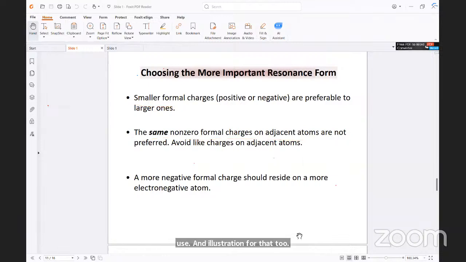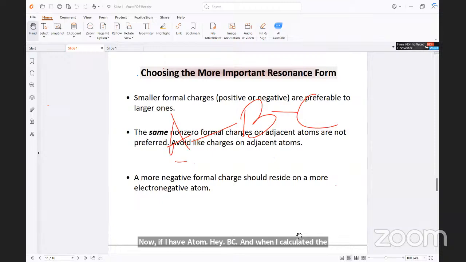Now, if I have atom A, B, C, and when I calculated the formal charges, I now got that this is -1, -1, 0. Because they are the same formal charges, following each other like this is not acceptable.